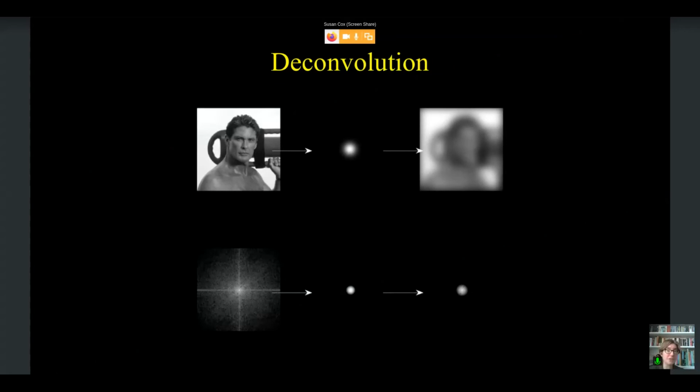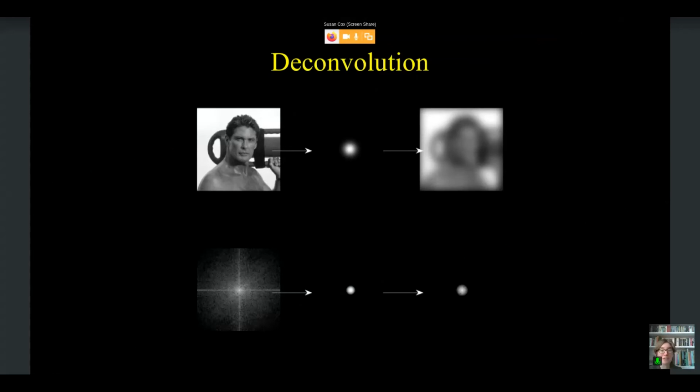Then, since I'm imaging this in a pretend microscope, I'm going to convolve with the point spread function. The middle image on the top is a microscope point spread function, an approximation of it. And on the bottom, I use the fact that in Fourier space, a convolution in real space corresponds to a multiplication in Fourier space.